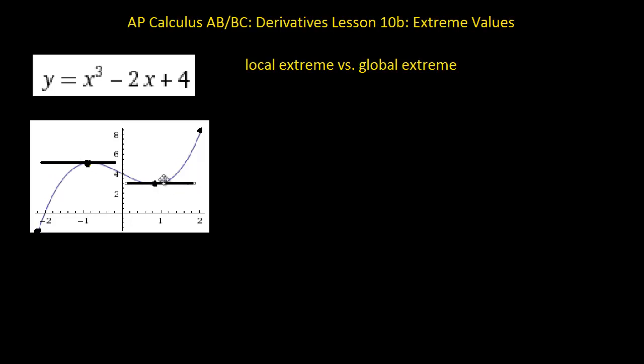Same thing here. Now, if the slopes of the tangent lines here are 0, then that means that the derivative equals 0 at the critical points.